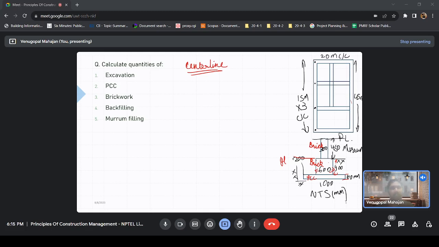What is the center line? How will we calculate it? I have given you center to center distance only. So it would be 45 into 2, right?